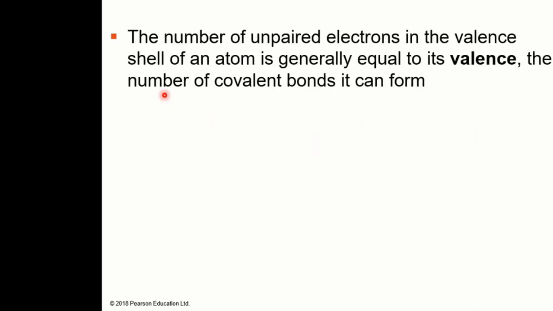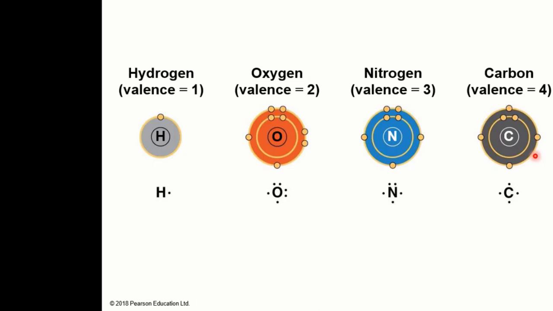The unpaired electrons in the valence shell of an atom are equal to its valence, which is the number of covalent bonds it can generally form. So if you check here as an example, hydrogen has 1, oxygen has 2, nitrogen has 3, and carbon has 4.